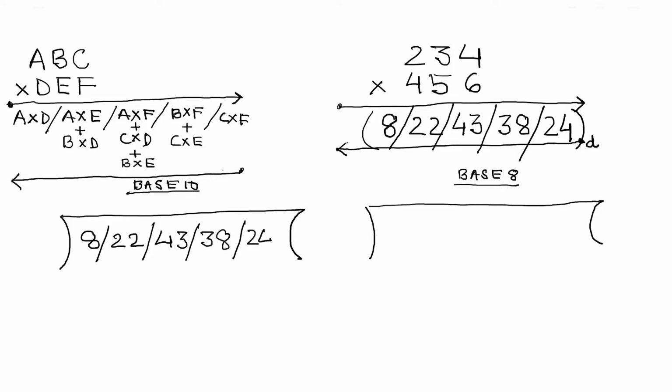So as discussed earlier, all of these are supposed to be taken as dividends. For example, 8 is a dividend, 22 is another dividend, 43 is another dividend, 38 is another dividend, and 24 is another dividend. Once you do this, now let me write down this dividend, which is 24.